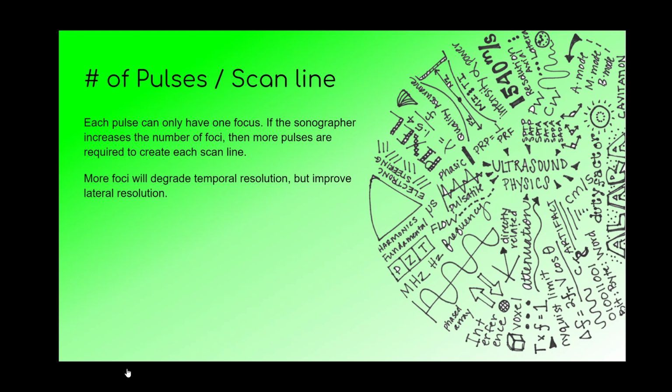However, we know that with more foci, our beam becomes narrow and that improves our lateral resolution. So this is an important concept for sonographers to understand. Do I want a really clear still image, or am I more interested in the movement of my structures?